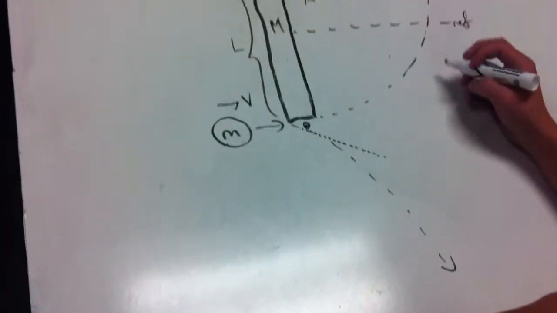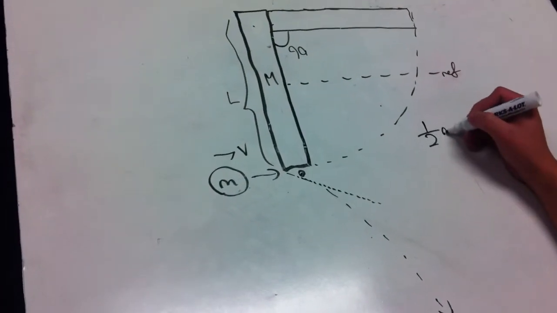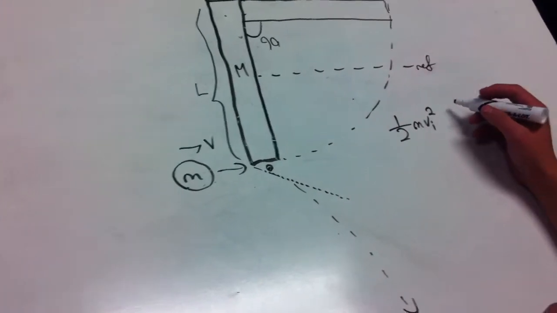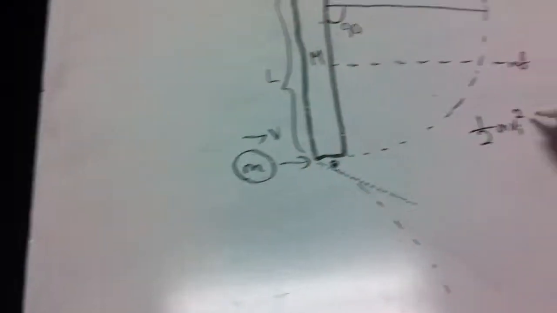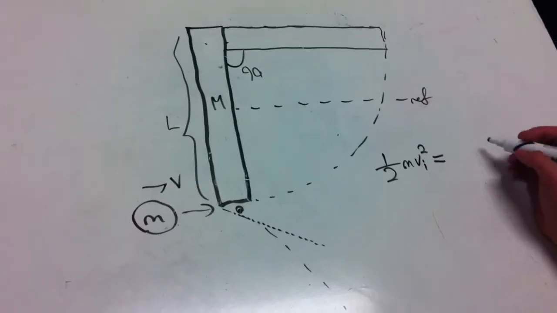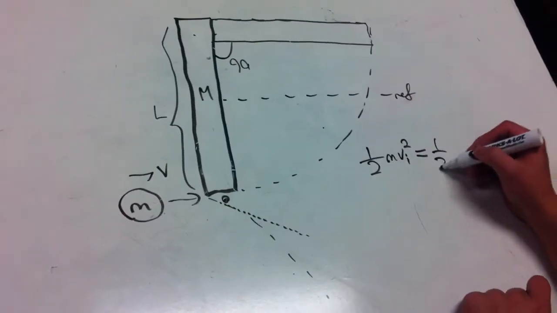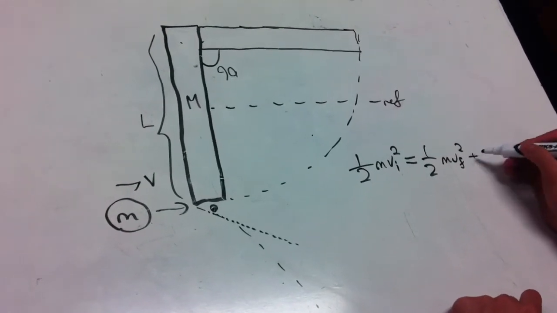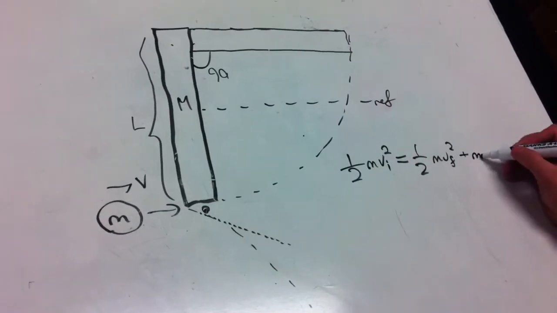So we have the initial energy, which is 1/2 mv initial squared. Which m is that? Small m. Okay. It is equal to the final energy, which is 1/2 mv final squared, plus Mgh.